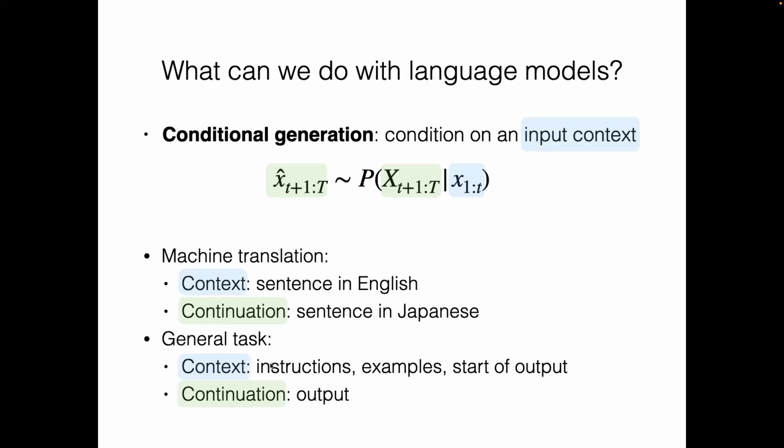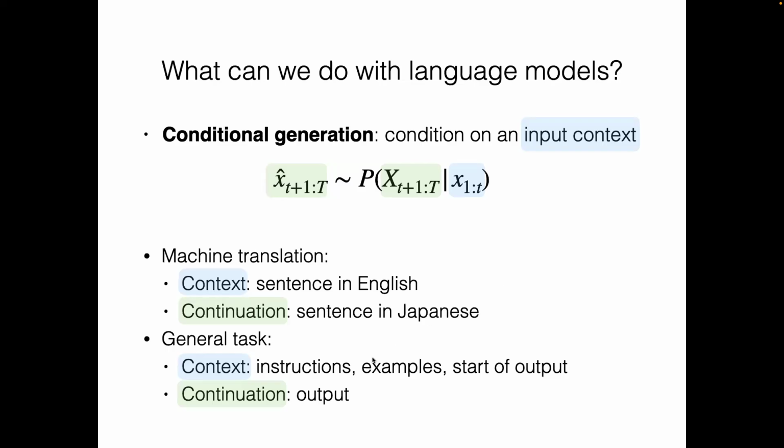You could imagine giving instructions, giving examples of what you want to do in a different task, or you can just give the start of some output, and then you could consider what you're generating as being the output that satisfies the instructions or follows the examples and so on. So in the very first lecture, I showed an example where I gave it this crazy task of generating, I think it had to combine English, Japanese, and Python code. And that was from a language model.